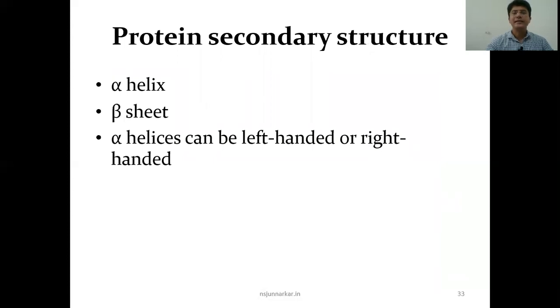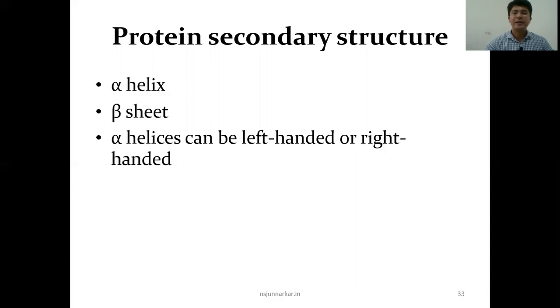Proteins can have secondary structure. Primary structure of the protein is the amino acid sequence of the protein, whereas secondary structures occur due to the internal bonding between the amino acid residues which are situated close to each other. So these secondary structures include alpha helix and beta sheet.